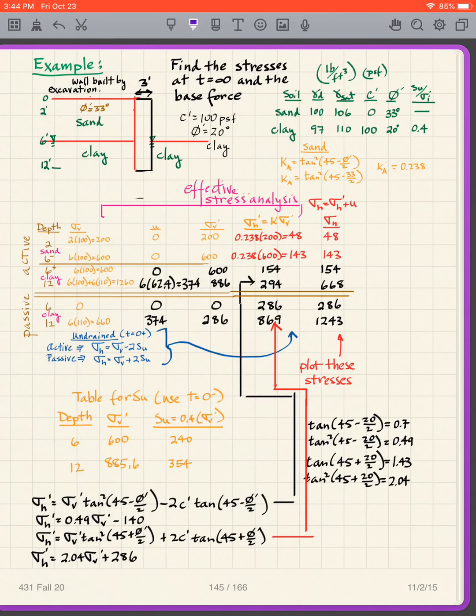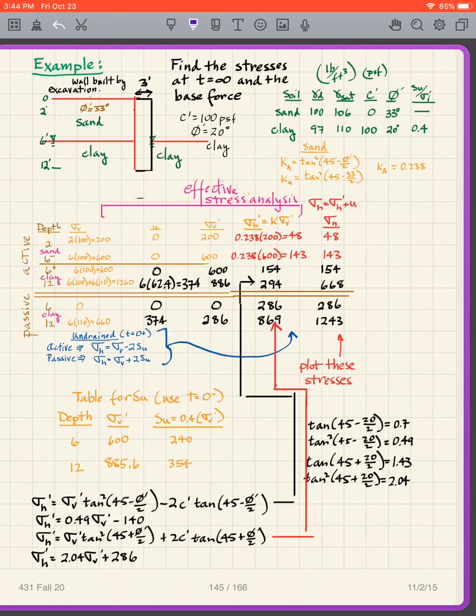Now, what does that mean in terms of when we evaluate a wall? So if I look at this wall built by excavation, okay? It'll be find the stresses at T equals infinity and the base force. So we're looking at the T equals infinity situation.